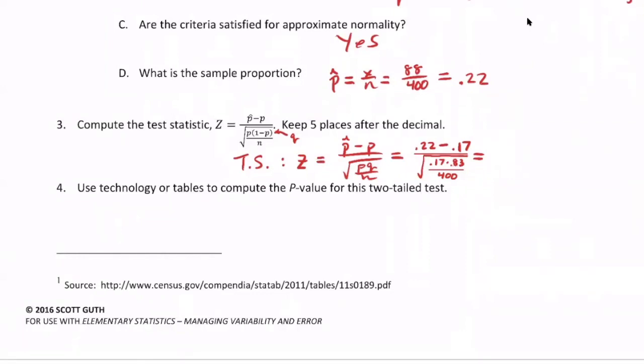I'm going to try it as well. All right, 2.66217, exactly what I got.